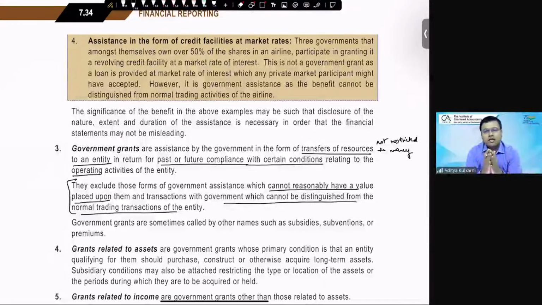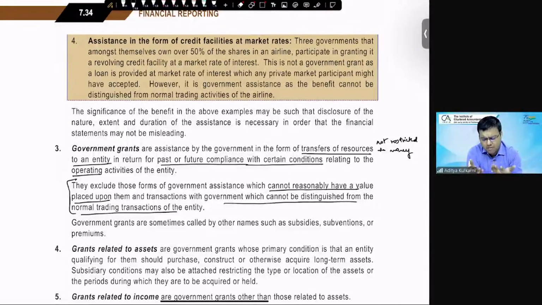Okay, so in some cases the government will give you some assistance, but there cannot be any monetary value placed upon them. For example, they may give certain technical guidance, they may give certain assistance, they may give something which cannot be quantified in monetary terms, and in such cases, it will not be a particular government grant.